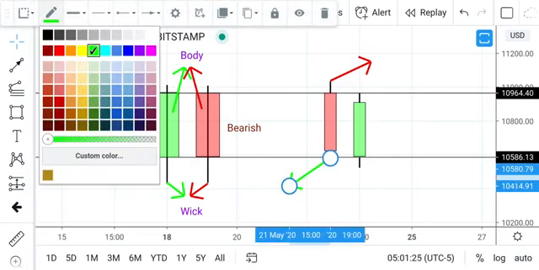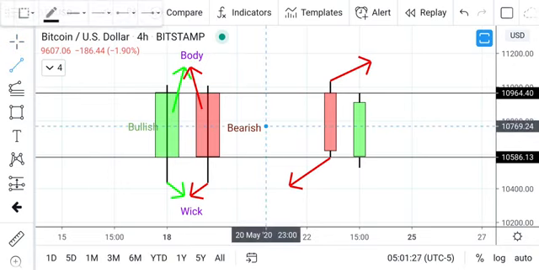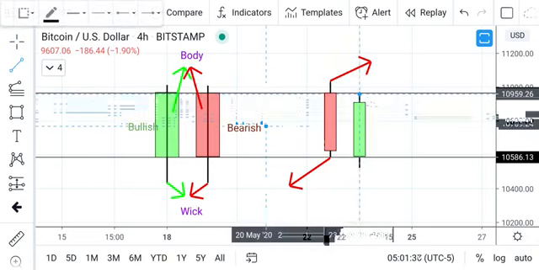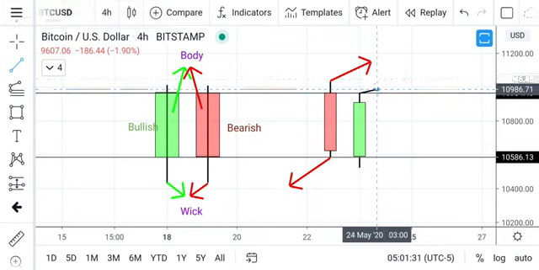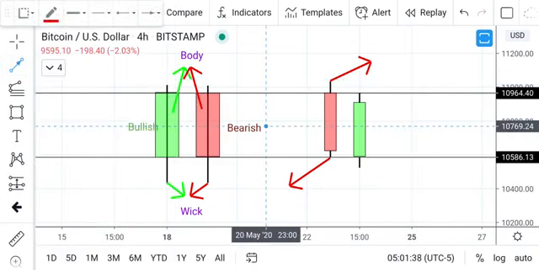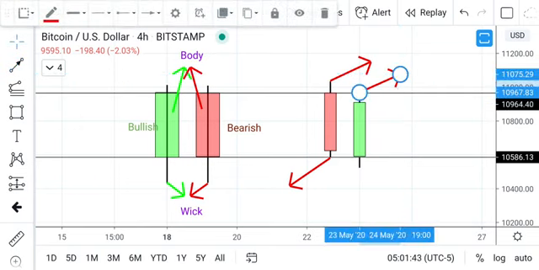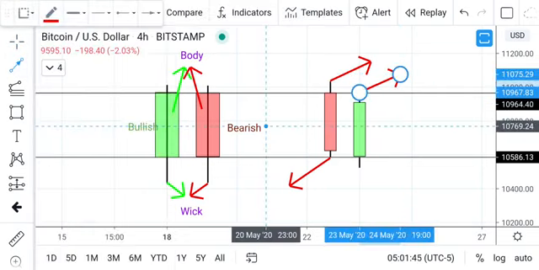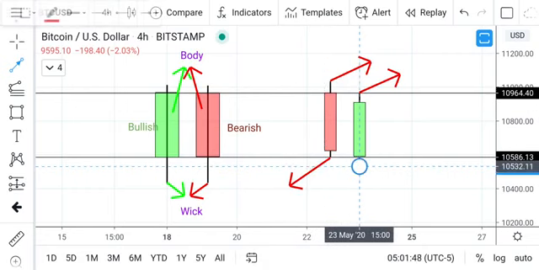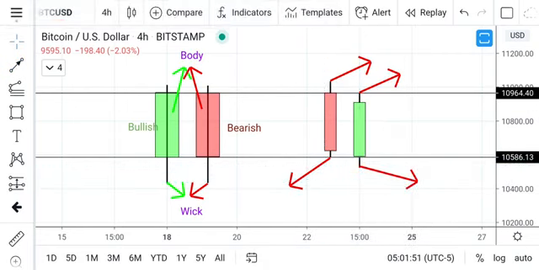This point over here is your swing high for this candlestick, and this point below is your swing low, because over here is the highest price that the candle went to before price rejection, and over here is the lowest price.